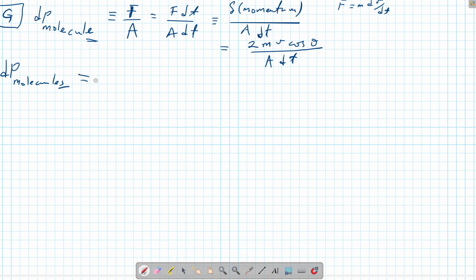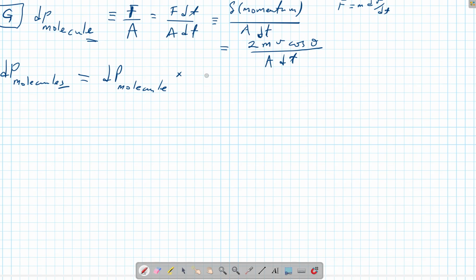So we get P due to a single molecule times what we derived earlier, the number of molecules that will hit a wall with area A within time dt. These molecules, remember, have a speed between v and v plus dv, and direction between theta and theta plus d theta.